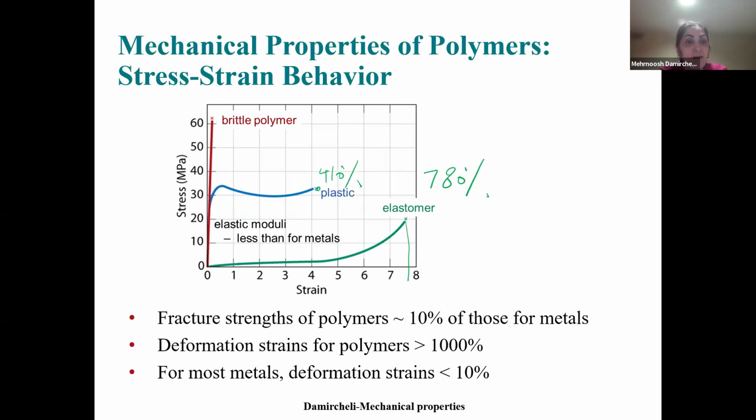This is considerable compared to metals, for example, where we have 10%, 15%, which means epsilon f, the fracture strain or maximum deformation that we have. So polymers show large elastic deformation and significant plastic flow. Their mechanical properties depend on molecular structure, temperature, strain rate, and so on.